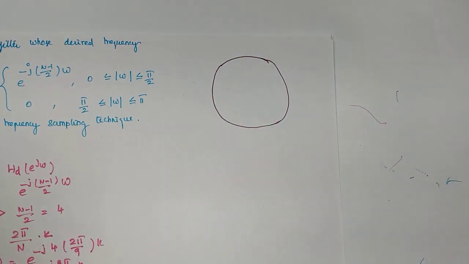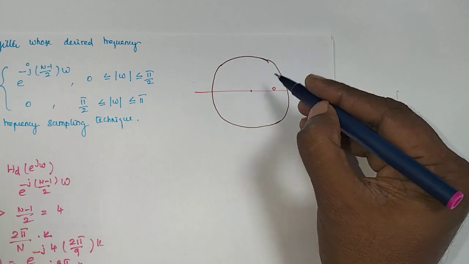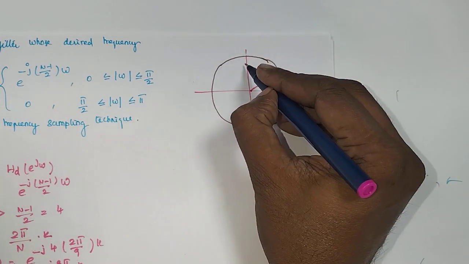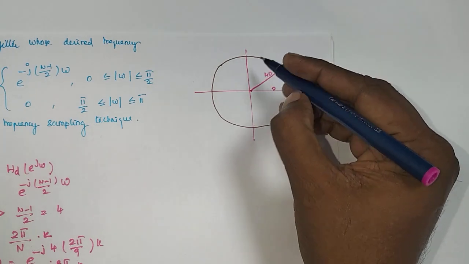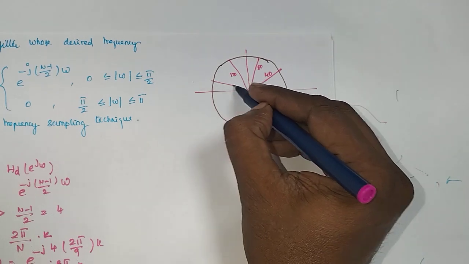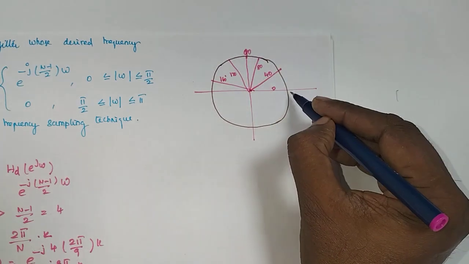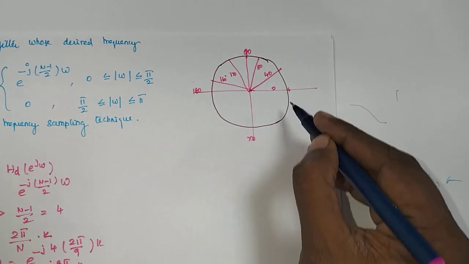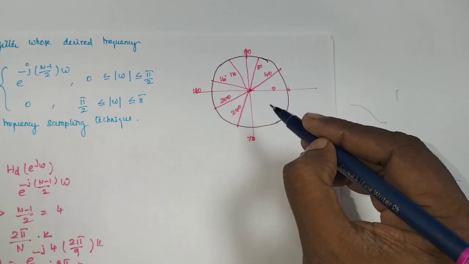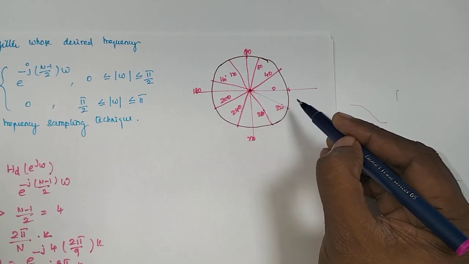So this one is the angle 0. It is centered. So I am bisecting this: 40, 80, 120, 160, 200, 240, 280, 320 and then 360. This one is 90 degrees, 180, 270 and 360.